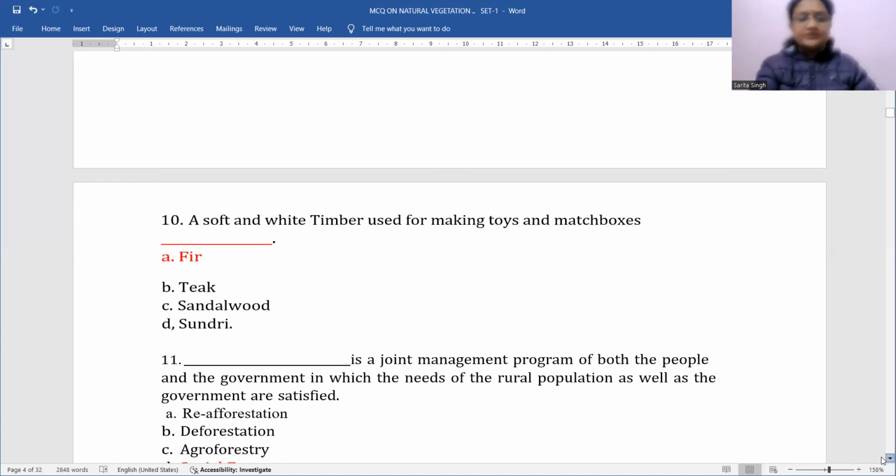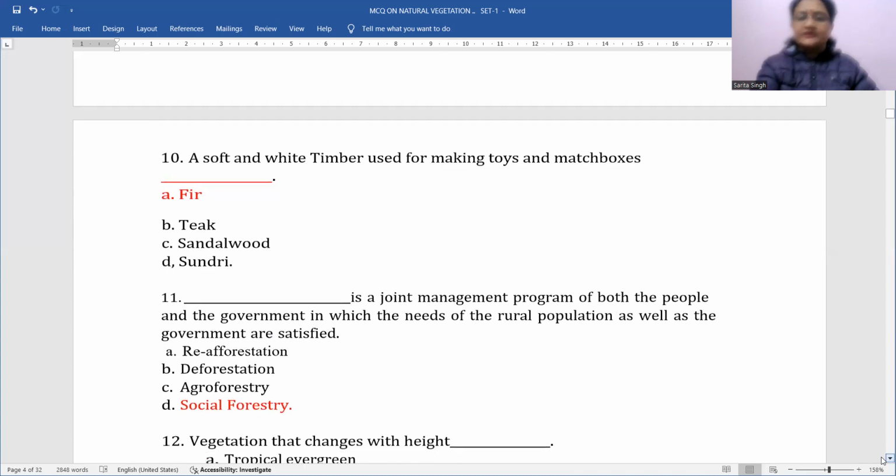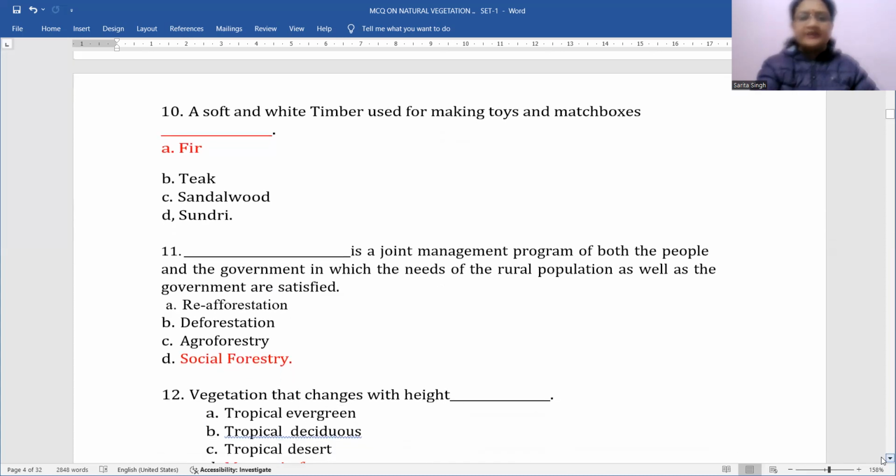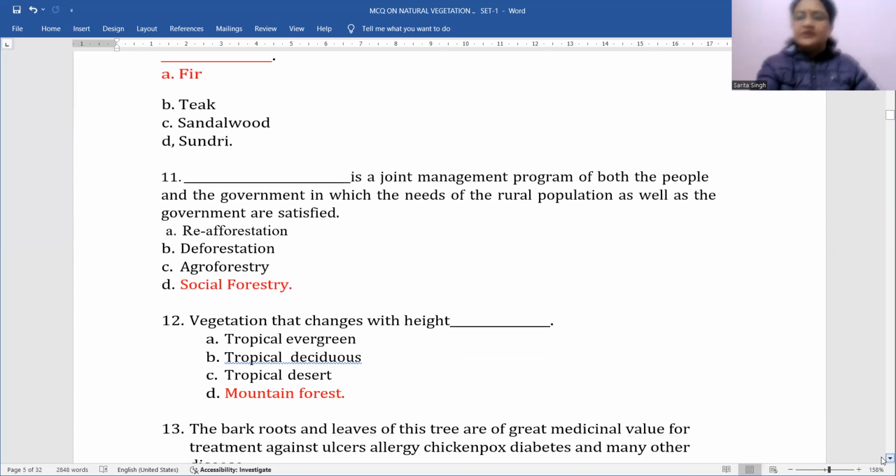Clear? Now the next question is, dash is a joint management program of both the people and the government in which the needs of the rural people as well as the government are satisfied. Now this is a joint management program of both people and government. So it has to be social forestry, because the government brings the people along with it and they work together.